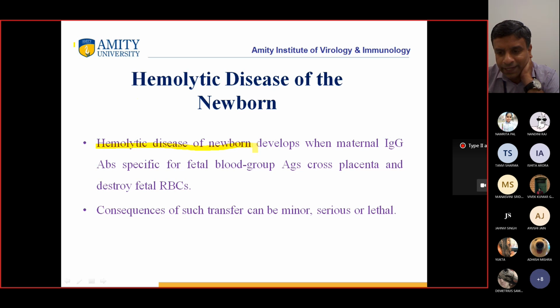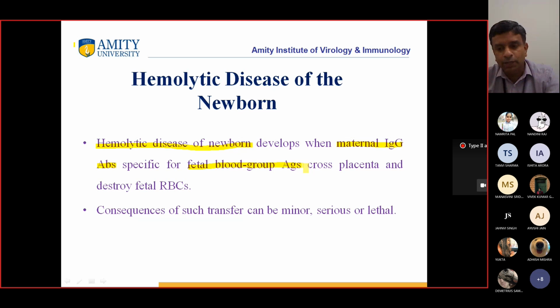When does it happen? When the mother's IgG antibodies are specific for fetal blood group antigen, right? The mother has the antibody and the antigen is on the fetal blood group.